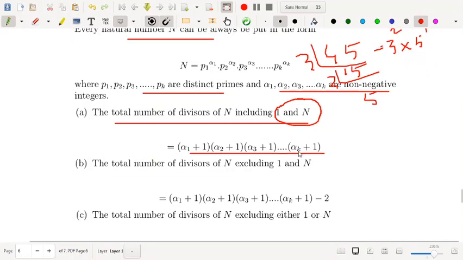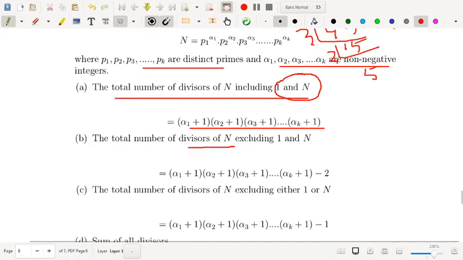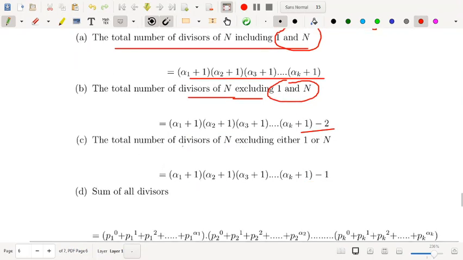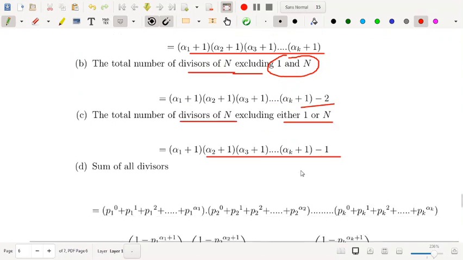And the total number of divisors of n excluding 1 and n, minus 2. Clear? These things you have to remember. Excluding either 1 or n, your selection will be like selecting at least one, so there is a minus 1, because your target is to select.